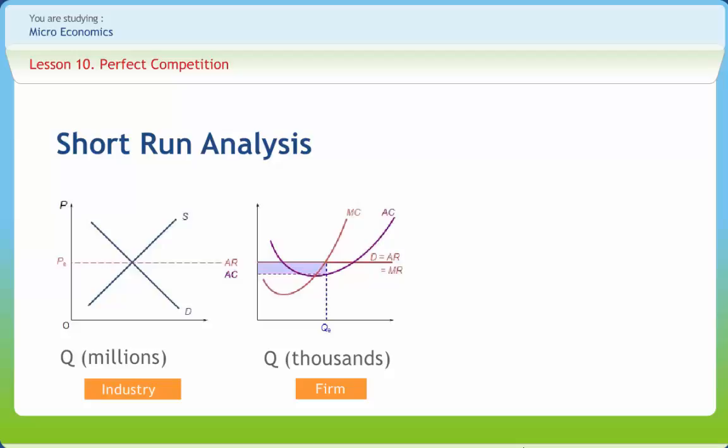On the other hand, as long as MC exceeds MR, it pays for the firm to reduce output because by doing so the firm will reduce its total cost more than its total revenue. Thus, the best level of output of any firm is the one at which MR equals MC.